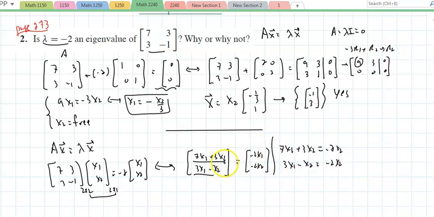Because two matrices are equal if and only if the entries are equal. And isn't this really saying 9x1 plus 3x2 equals 0, and 3x1 plus x2 equals 0? And do we see that that's really what we got?